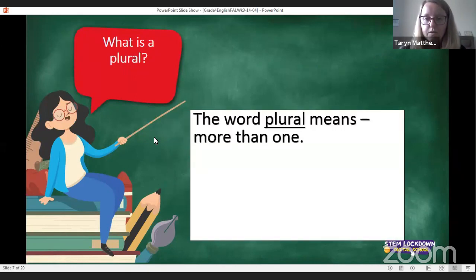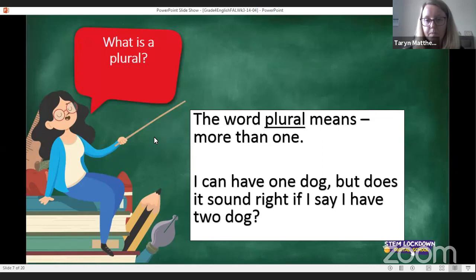Now, if we move on, we know now that singular means one, but plural means there is more than one. If I say this sentence, I have one dog, but does it sound right if I say I have two dogs? Does that sound right?